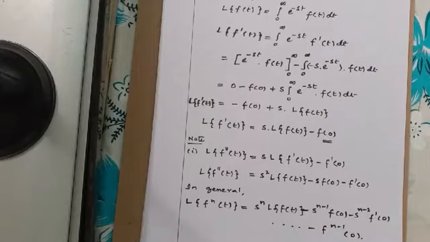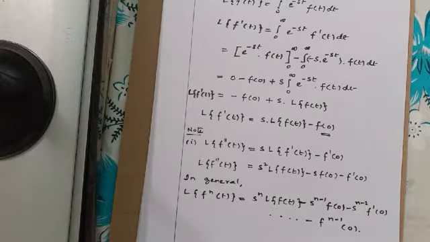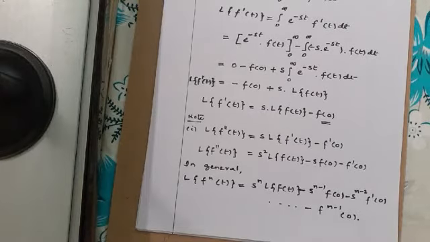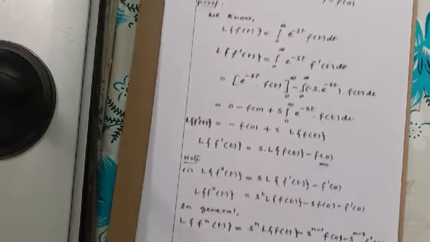So when you write Laplace of f power n of t, you get s power n Laplace of f of t minus s power n minus 1 f of 0 minus s power n minus 2 f dash of 0 and so on, minus f power n minus 1 of 0. So this is the Laplace transform of derivatives up to nth order. Now let us do the problems based on this.